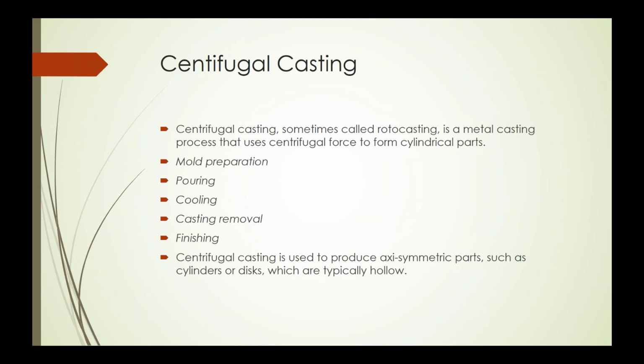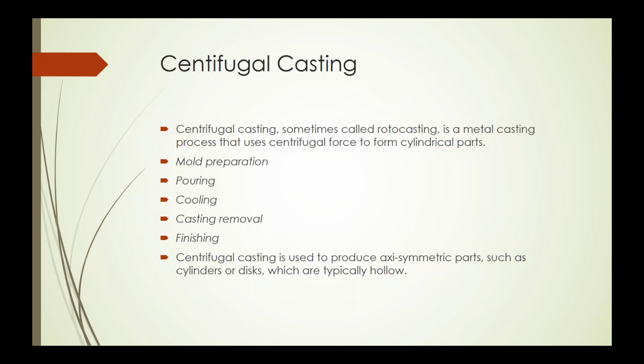Okay, another technique that is very unusual, and I'm used to this in several metal systems, but it's used in copper alloys: centrifugal casting. Sometimes it's called rotocasting because you're rotating the work area.